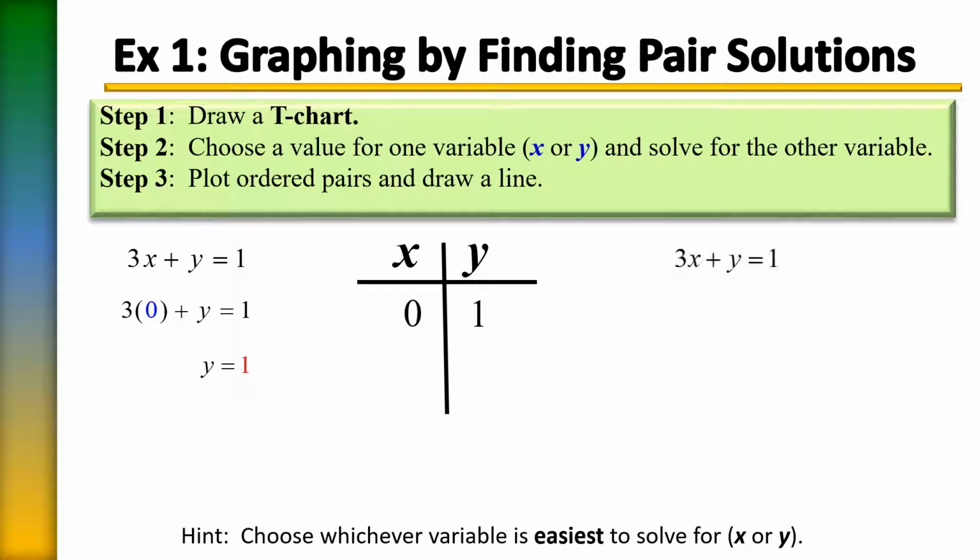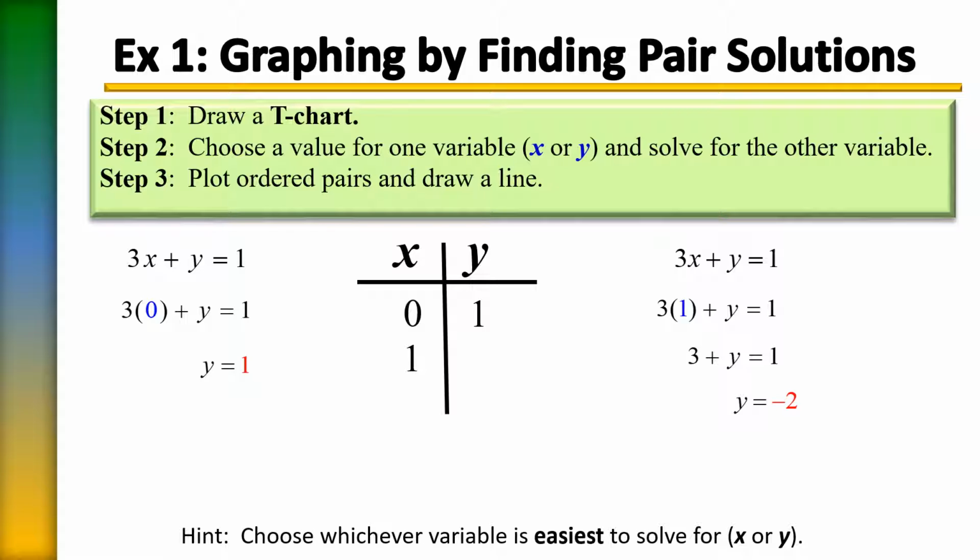Let's write the equation one more time. This time we're going to let x be another value. I'm going to choose 1. So if we let x be 1, I'm going to remove the x and replace it with 1. When I do the math, I have 3 times 1, which is 3. Next step to solving this equation for y is to subtract 3 from each side, and y equals -2.